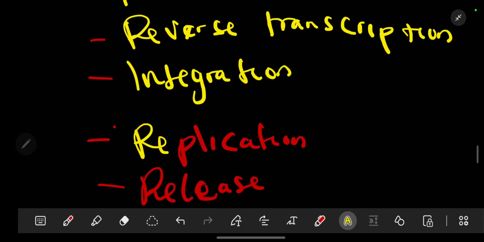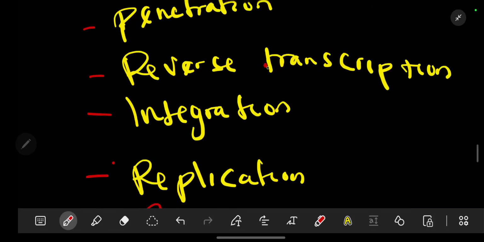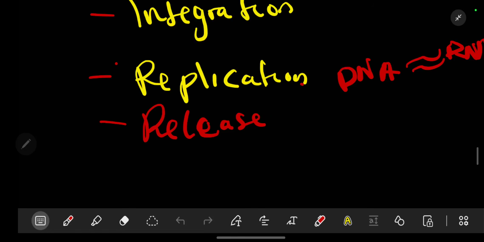Then we have replication. Under replication, there is the formation of proteins as well as the RNA. So remember, the DNA is using reverse transcriptase to also be able to convert the DNA that it made to a form which is RNA, which makes up the virus.